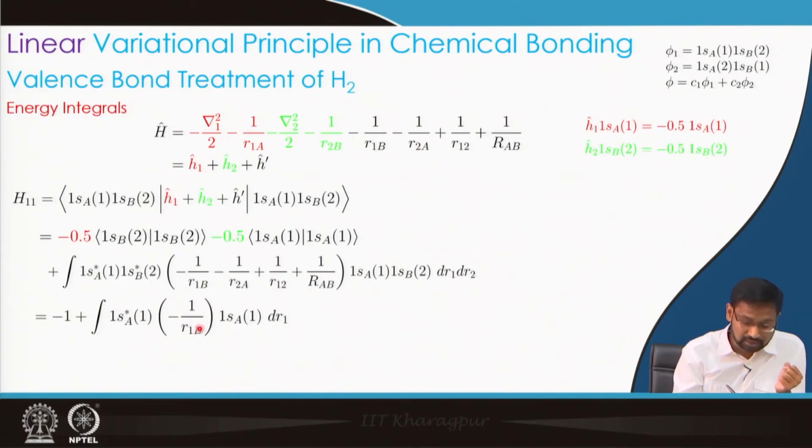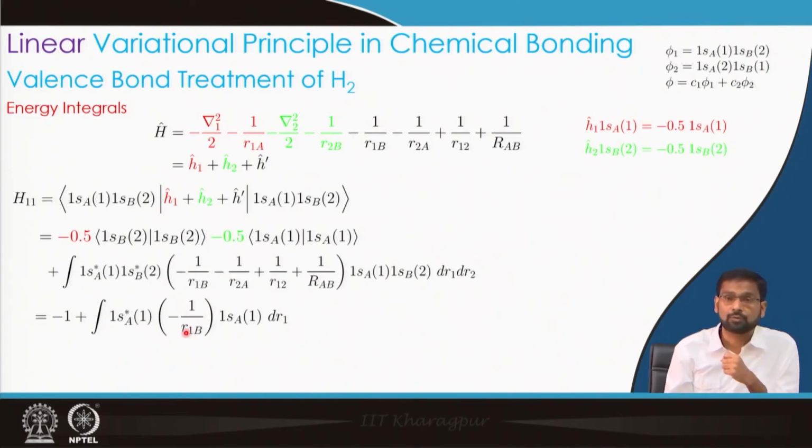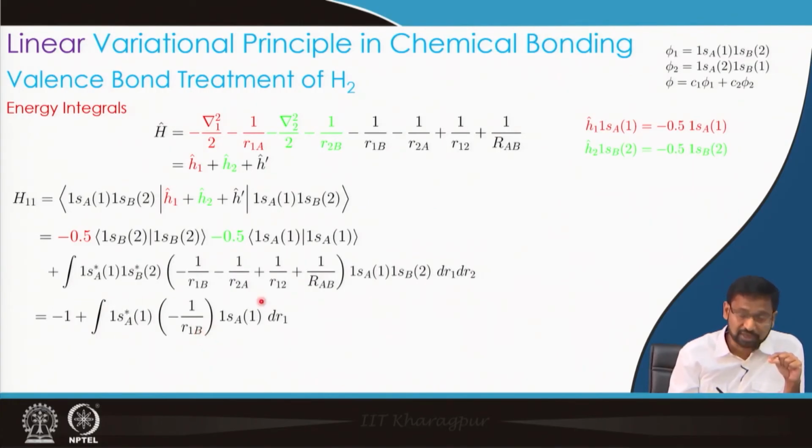Now, I see the term 1 over R1b, and that makes this overall integral some sort of Coulombic interaction between the charge cloud of electron 1 with nucleus B. The charge cloud of electron 1 that is coming from the wave function 1sA mod square, and its interaction with the nucleus B. Why do I call nucleus B? Because I look at this operator, that is 1 over R1b.